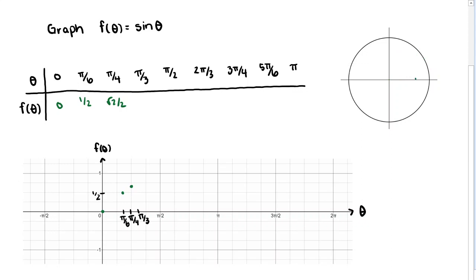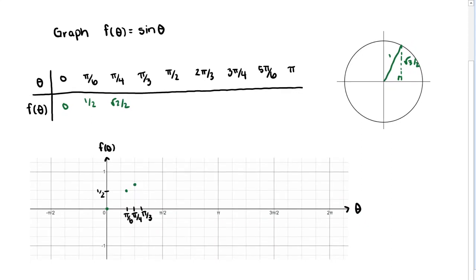So next, we've got pi over 3. That's an angle of 60 degrees. So we've got another 30-60-90 triangle, but now we're looking at the long leg length corresponding to the y coordinate at this point on the unit circle. And so that's the square root of 3 over 2.